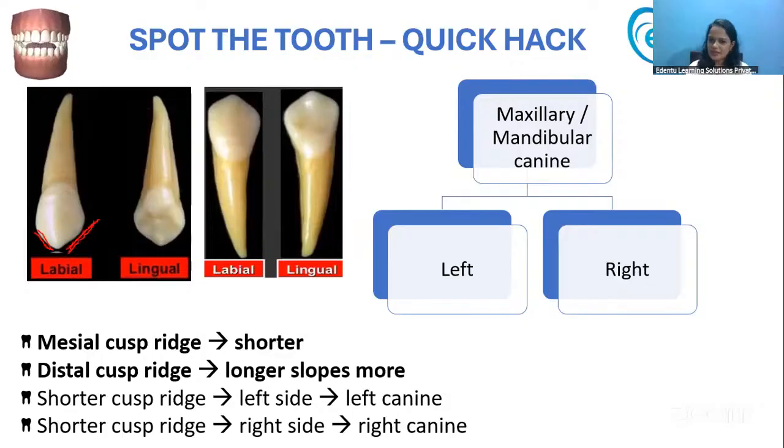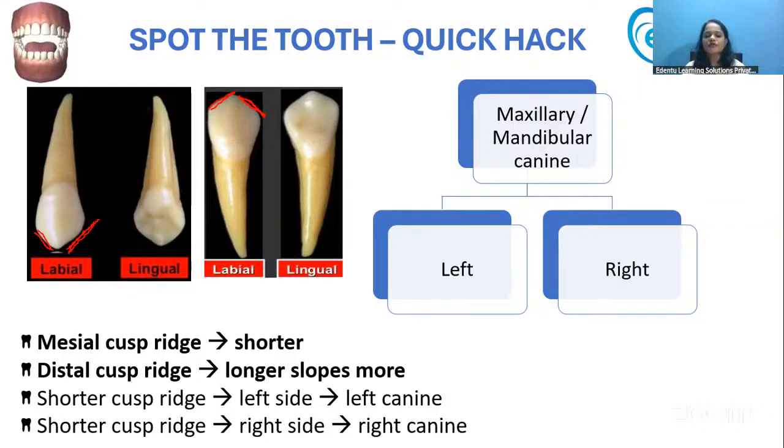The mesial cusp slope is always shorter like this, whereas the distal cusp slope is longer like this. There are other methods also, but this is one of the easiest. So please study this alone and don't confuse yourself too much by looking at the other features. The mesial cusp slope will usually be shorter and the distal cusp slope usually longer in nature.